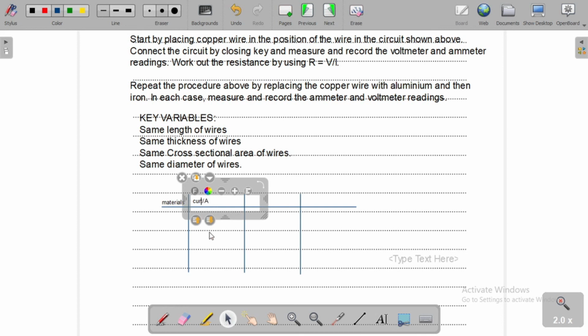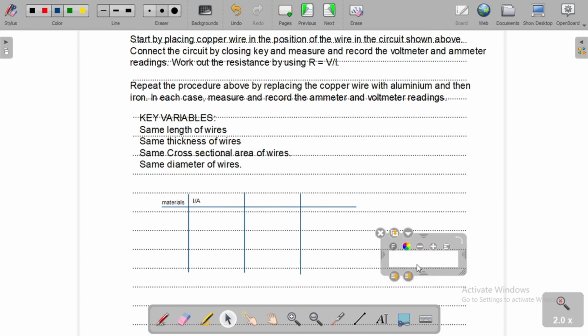Okay, instead of current, let's have I in amperes. Then V in volts. That's also right, V in volts.